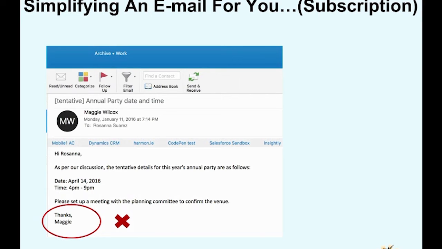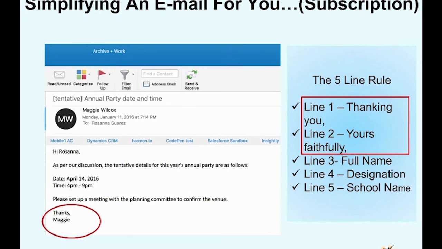Make sure to keep focus as you reach the conclusion of the email. The subscription carries half mark as per the marking scheme, but comprises 5 lines that are mandatory to adhere to. The 5 components of the 5-line rule are enlisted on the screen for you.